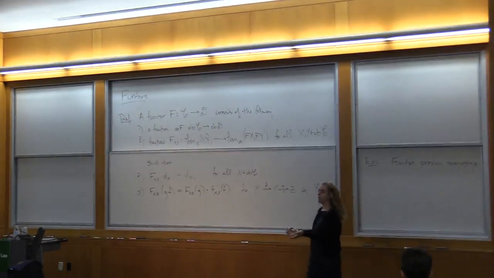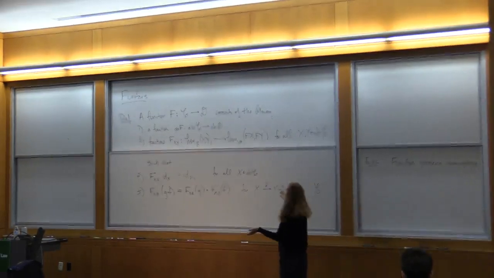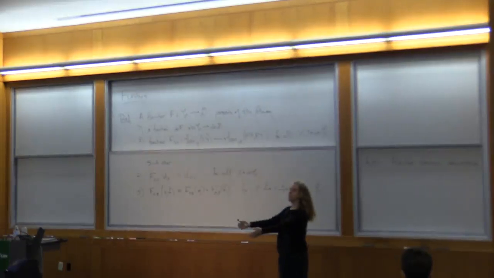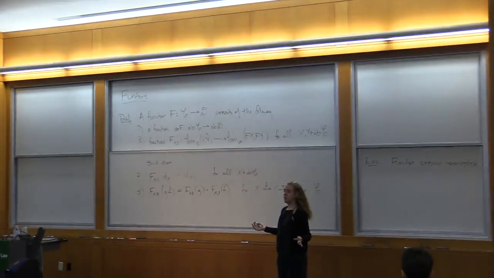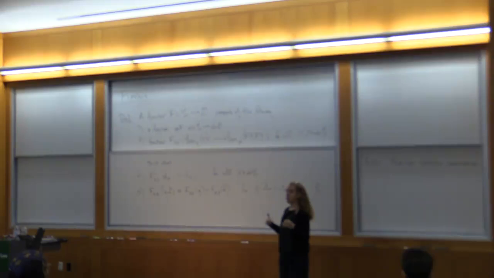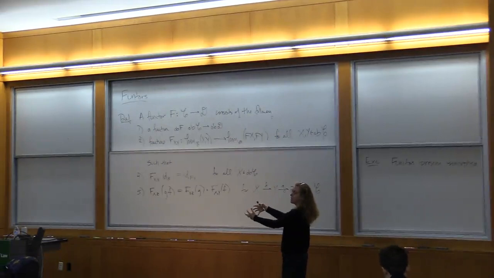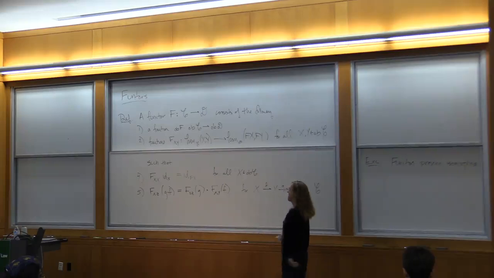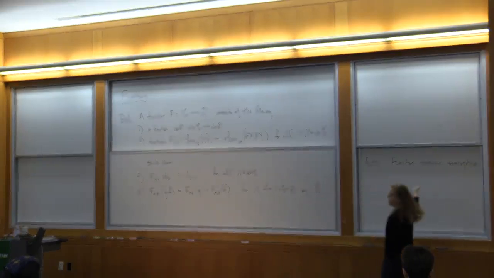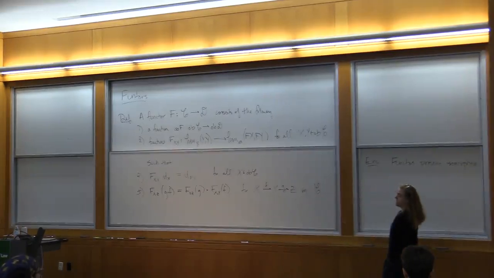So if two objects are isomorphic in C, and we have a functor F from C to D, then they're still isomorphic in D. And that's good because I told you that isomorphism is a notion of sameness that we care about in category theory. So it would be really wacky if our notion of morphisms between categories didn't preserve the notion of sameness that we use. And indeed, functors preserve isomorphism.